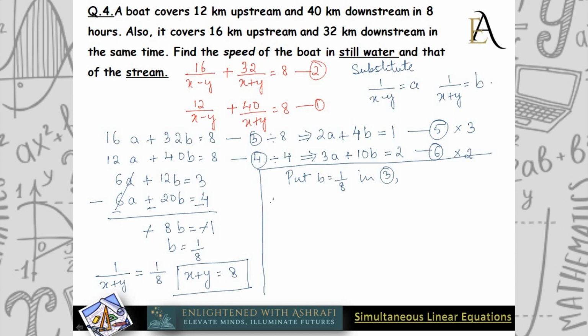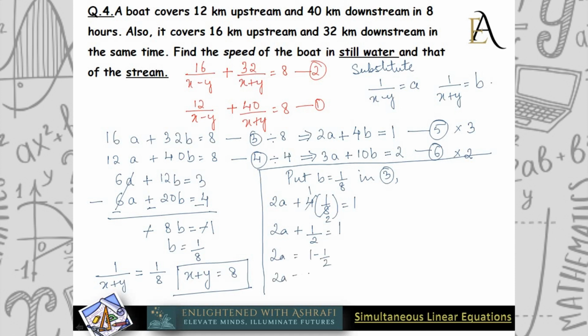So I have 2a plus 4 into 1 upon 8 is equal to 1. 4 ones are 4, 4 twos are 8. So I have 2a plus 1 upon 2 equals 1. 2a equals 1 minus 1 upon 2.